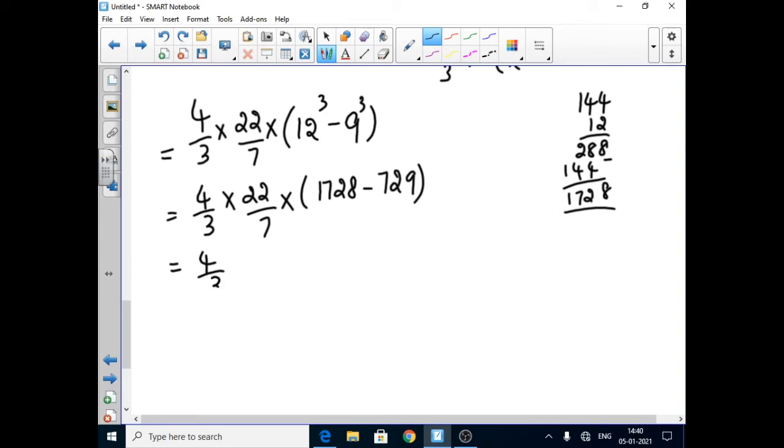So 4 by 3 into 22 by 7 into, if we do the subtraction here, 18 minus 9, 9, then 11 minus 2, that is 9, then 17 minus 7, that is 9. Okay, here we can cancel: 1 3 is 3, 3, 3, 3.